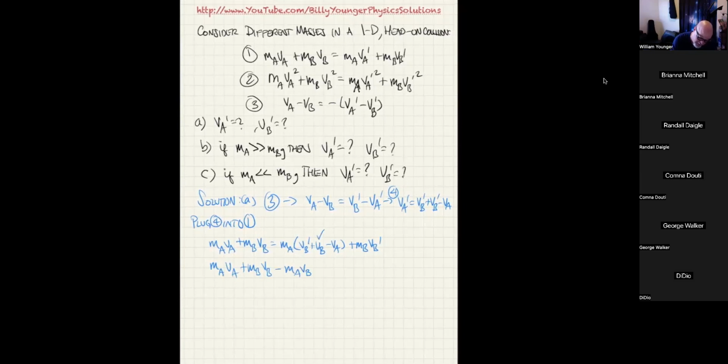And minus MA VA will become positive MA VA over on the left-hand side. So that takes care of that term. And then all I've got is MA plus MB times VB prime left on the right-hand side.